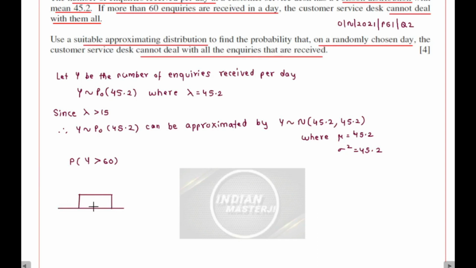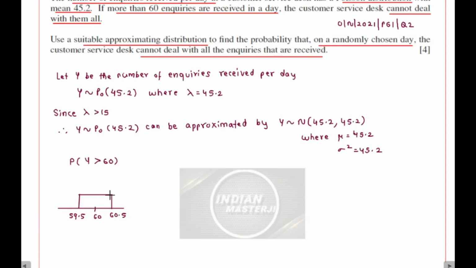Suppose I draw the probability pillar for y equal to 60, then I can extend this particular pillar 0.5 to the right and 0.5 to the left. Correct? Because we are trying to approximate this Poisson distribution with the help of the normal distribution, and we have to take the value of y which is greater than 60.